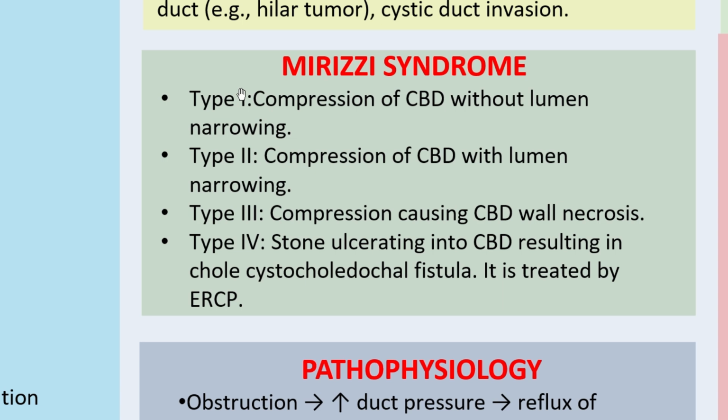In type 2, we have compression of the CBD with narrowing of the lumen. In type 3 Mirizzi syndrome, compression causes the wall of the common bile duct to undergo necrosis. And in type 4, we have ulceration of that stone into the common bile duct, leading to formation of a choledochal fistula. Most of the time this is treated by endoscopic retrograde cholangiopancreatography.